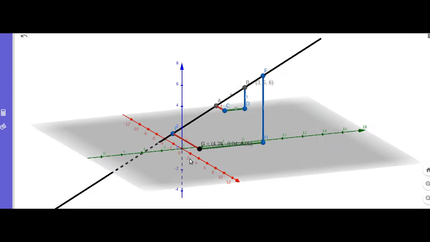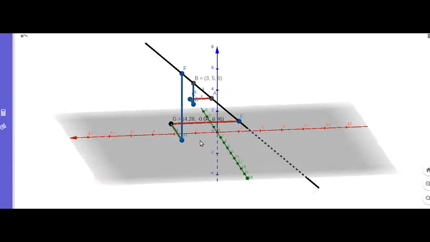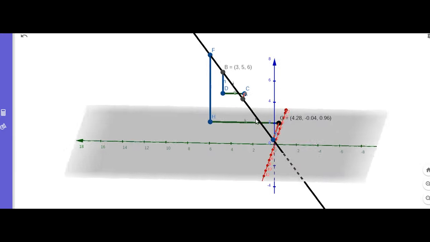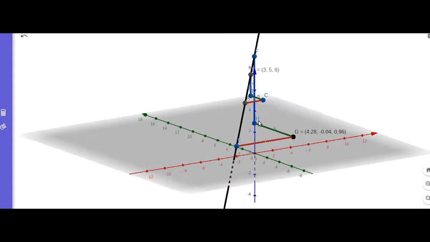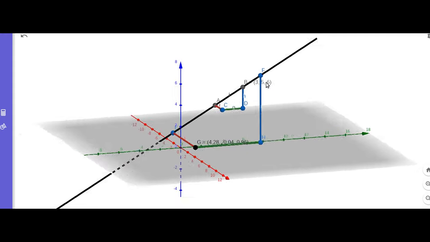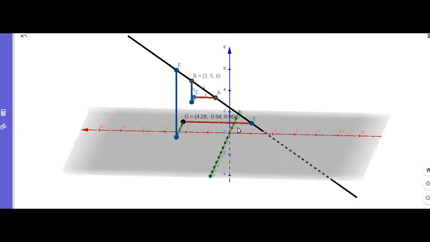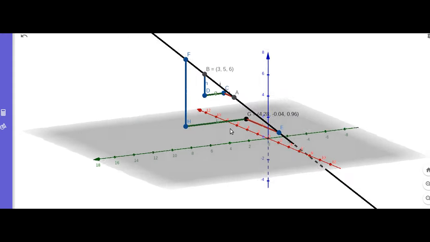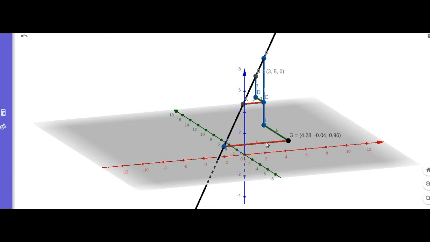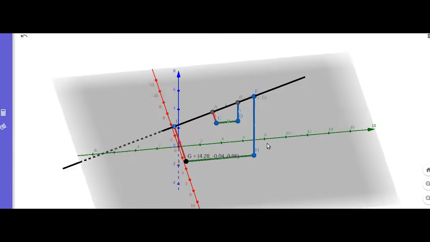So you have to understand, corresponding to any 2 points on the line, there will be a projection parallel to the x-axis, there will be a projection parallel to the y-axis. You can imagine like you're moving from here to here. I hope you're able to see the projections clearly. Okay, now look at this. And by the way, when I say projection, I mean the length of the red segment, length of the green segment, length of the blue segment.